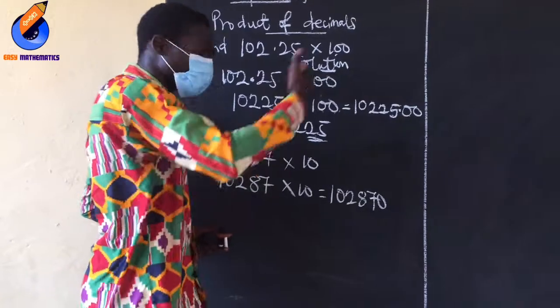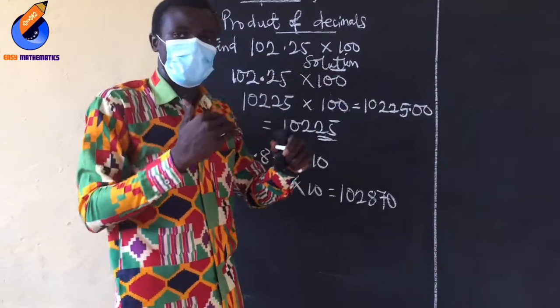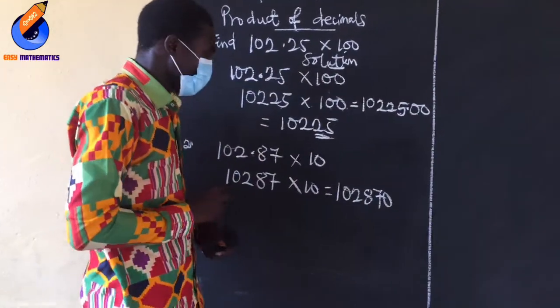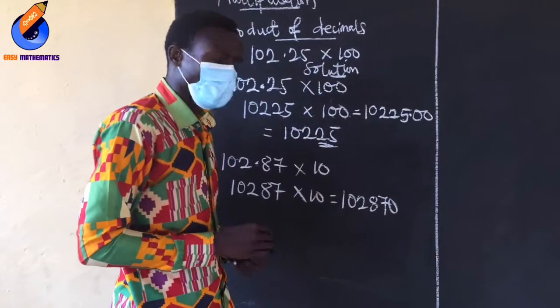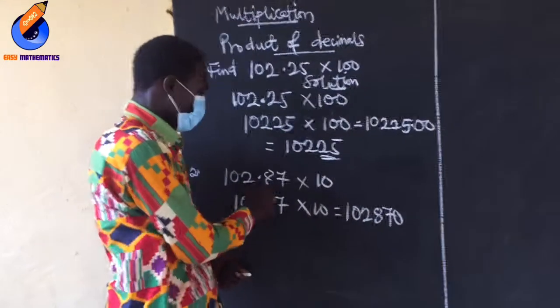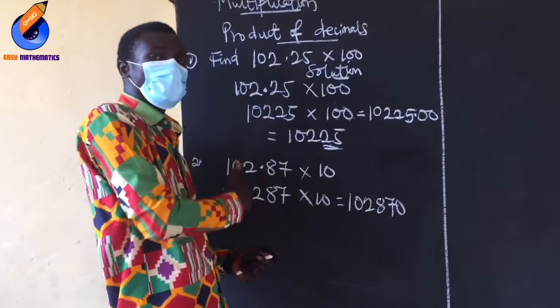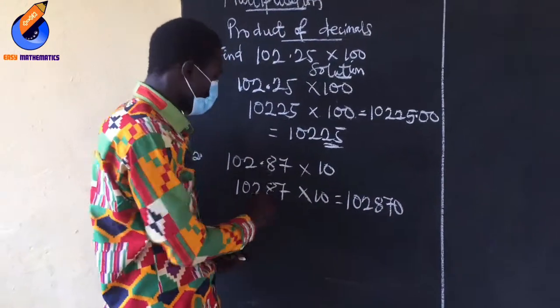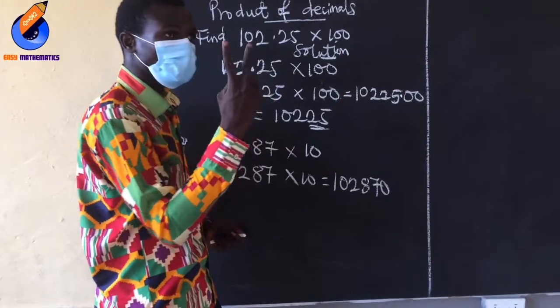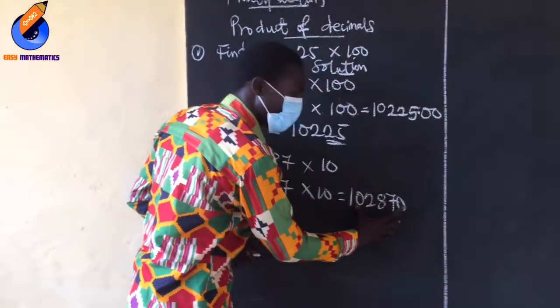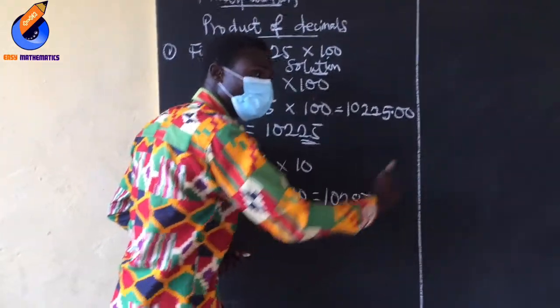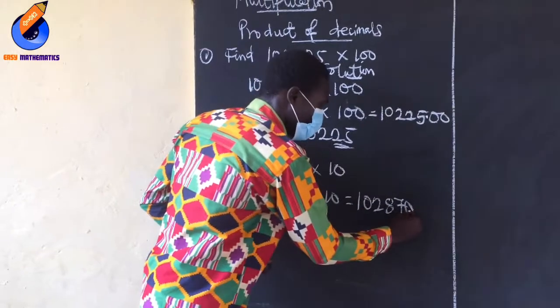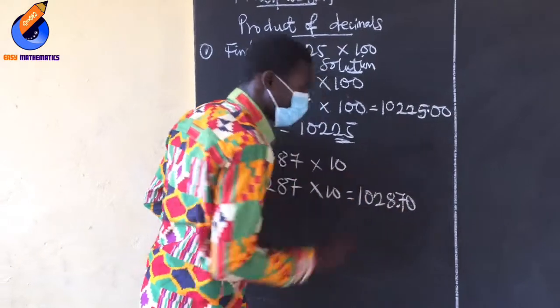Or you can choose to multiply using the normal method in multiplication. Now, if you finish multiplying, ask yourself this question. When you took off the decimal point, how many numbers were after the decimal point? We had 1, 2. 2 numbers. So this being your answer, you make sure that there are also 2 numbers at the back. 1, 2. So I'll bring my point here.